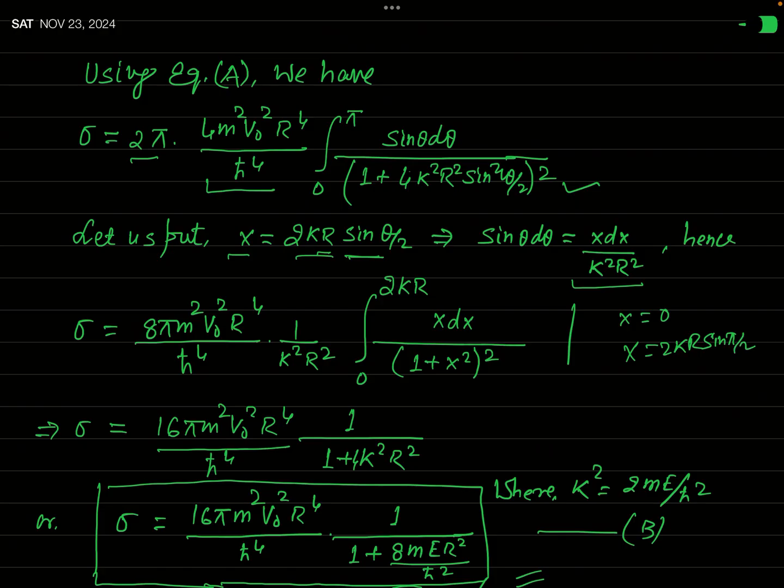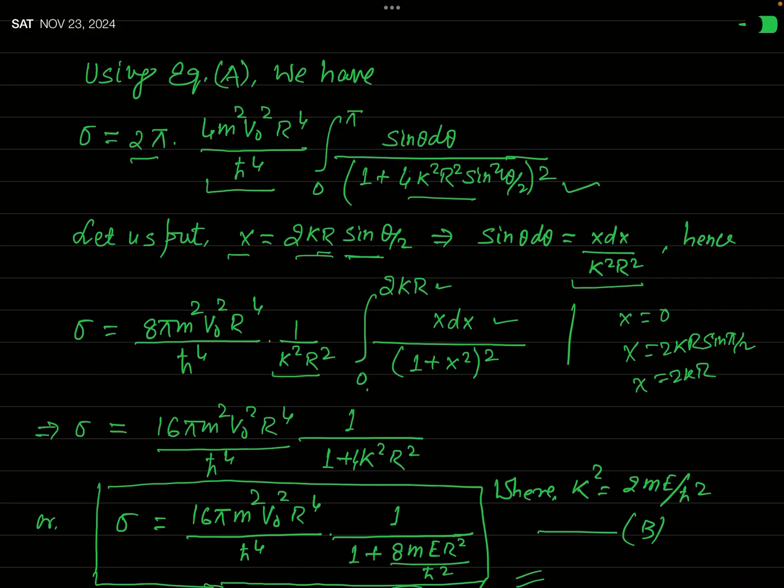But sine pi by 2 is 1, so x will be 2kr. So the corresponding limits for x will be 0 and 2kr. Instead of sine theta d theta, we write x dx over k square r square, divided by 1 plus this much.